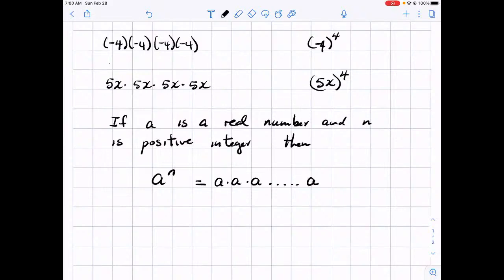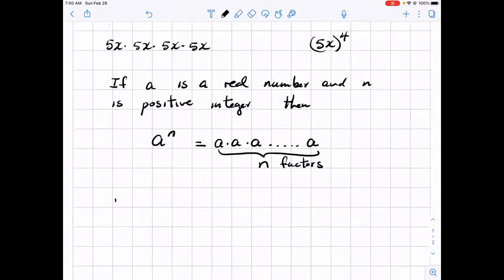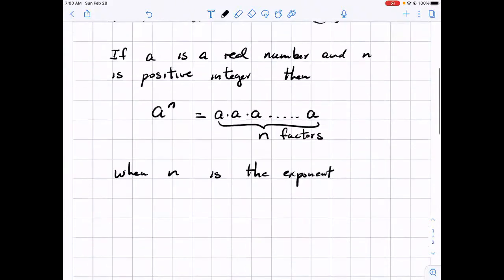Here we have n factors. So notice here that n is the exponent and a is called the base.